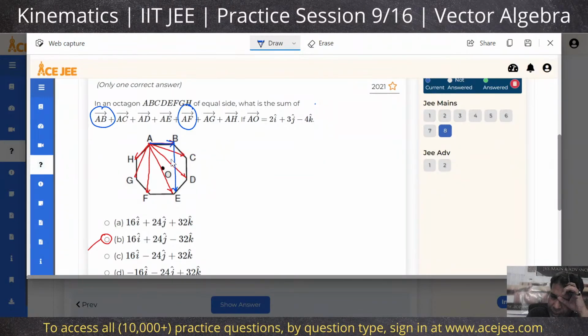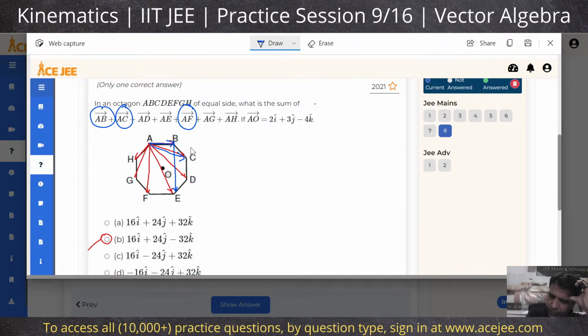Well, AE is AB plus BF or AF plus FE, so you can look at it that way as well. But AB plus BE or AB plus AF is AE.